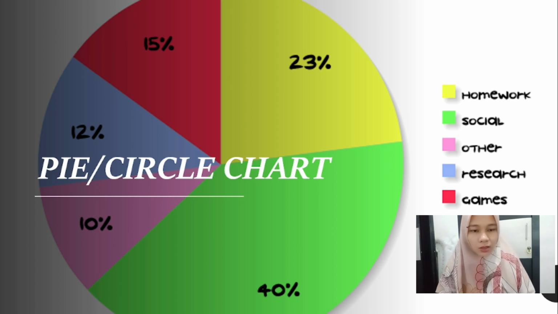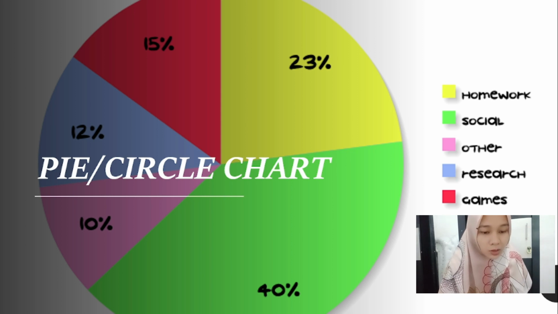Here you may see there is a big circle. It contains 1, 2, 3, 4, 5 slices, right? We may see which one is the biggest. Which one is the biggest slice here? So this is very clear, and we can do our own analysis, and it is very easy to read, right?